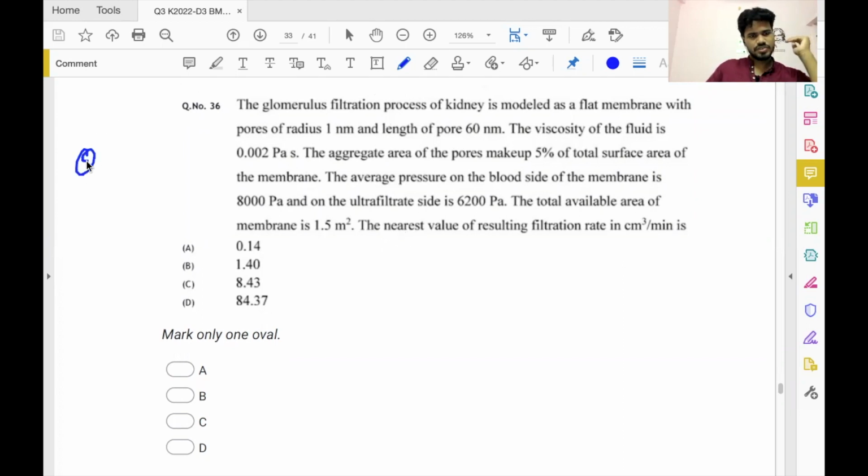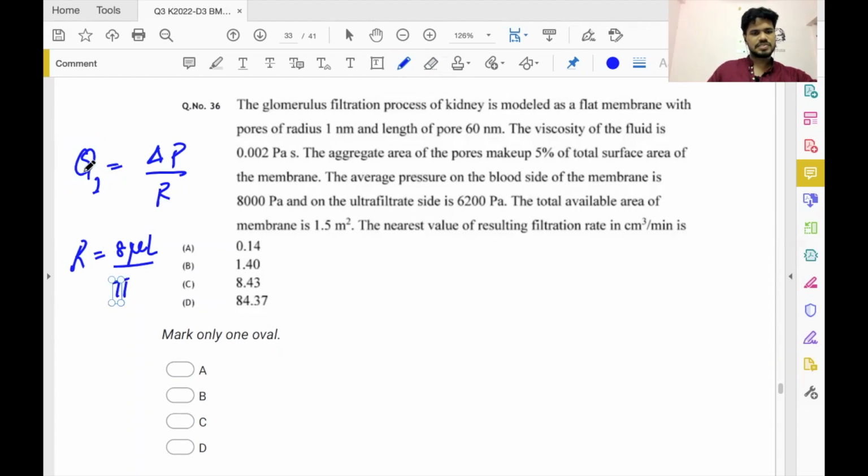So this is in one pore, this is delta P by R. Okay, and quickly, what is R? 8 mu L by pi R.